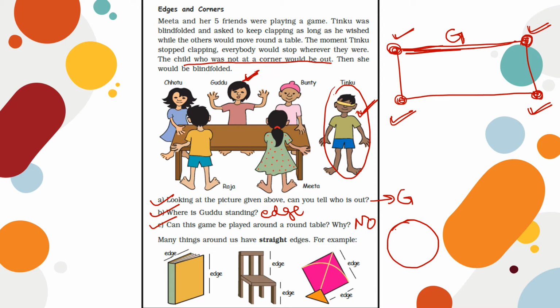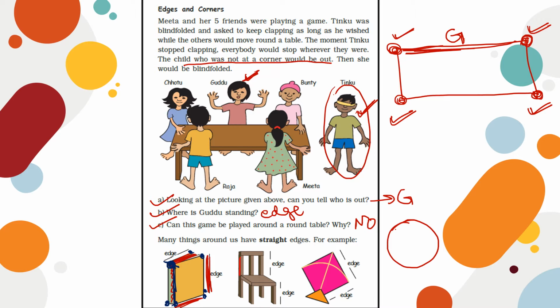Now here, look at this book for example. This side is an edge, this side is an edge, the below one is an edge, and this is also an edge. Okay, these are known as straight edges because they form straight lines, right? This 1, 2, 3, 4, 5, 6, 7, 8 are the corners.